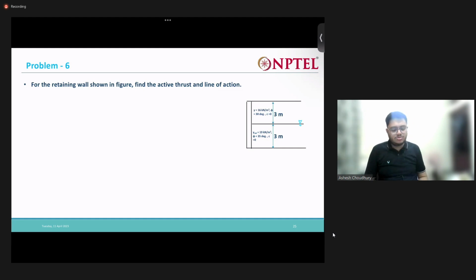So phi is different, which means my Ka value will be different for both layers.